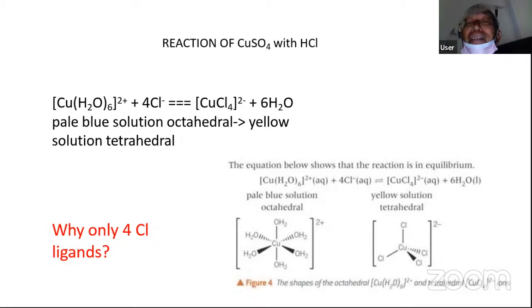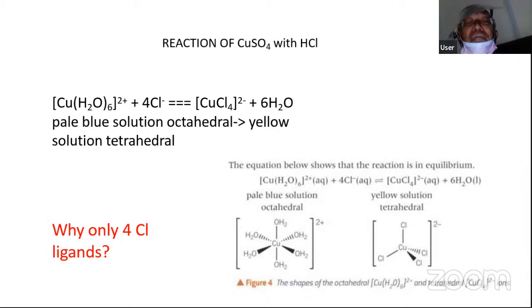In the previous example, copper sulfate with ammonia, coordination was maintained at 6. Here, coordination is different. It's 4 coordination, no longer 6. All 6 water molecules are replaced by 4 chlorides. So replacement of ligand is not necessarily 1 to 1.